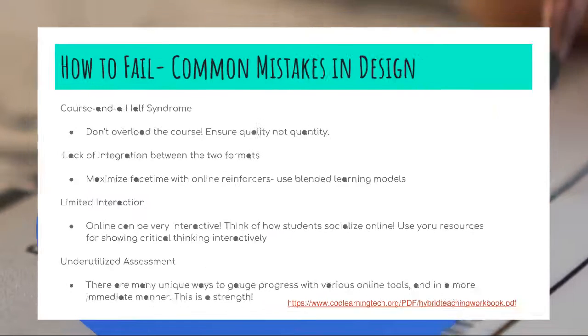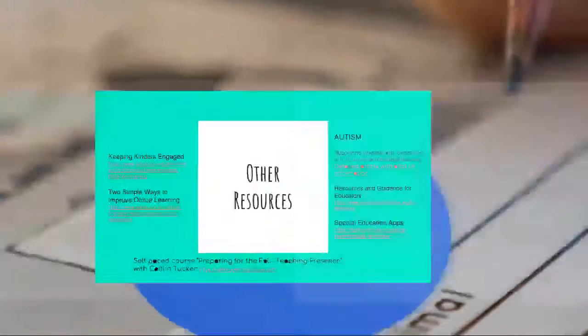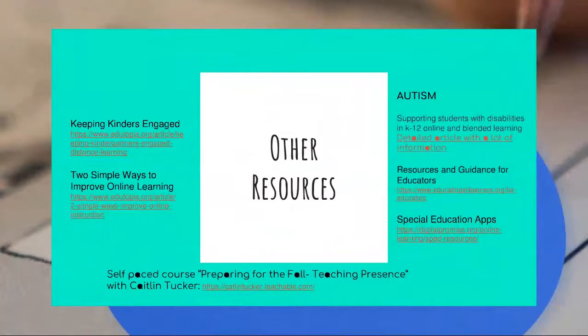So I hope that helped you, and I know that this will help you as well. Some resources for you. We got keeping our kindergartners engaged and improving our online learning link, a self-paced course for you to really dive deep on this topic, autism resources. There's a handful here, and there's a lot in the slides that we just went through for you to click on.